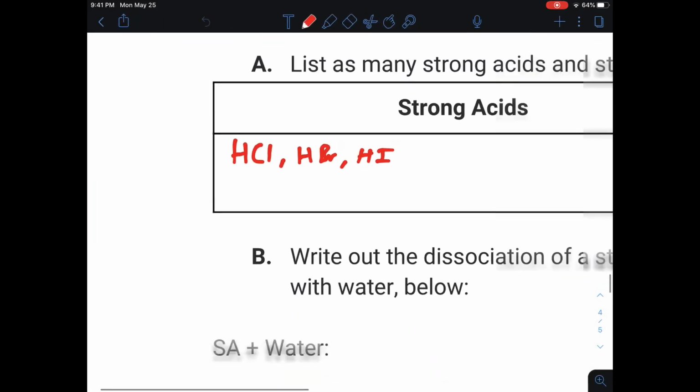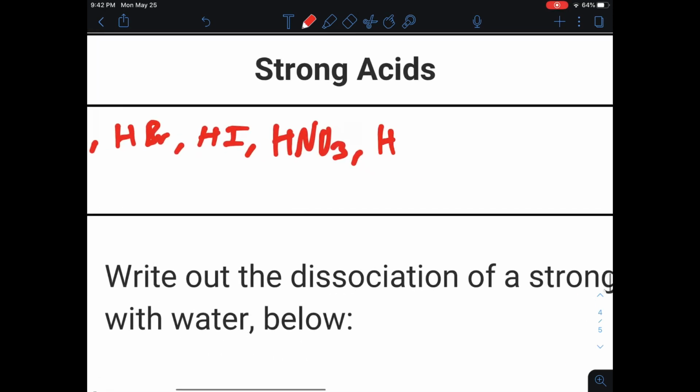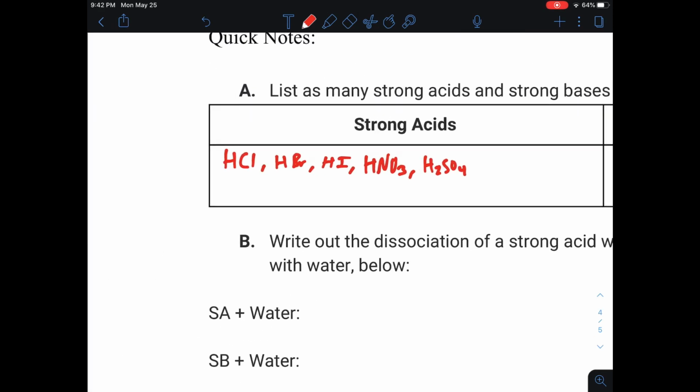There are some other strong acids though. For instance, there's nitric acid, which comes from the anion nitrate. There's sulfuric acid, which comes from the sulfate ion.